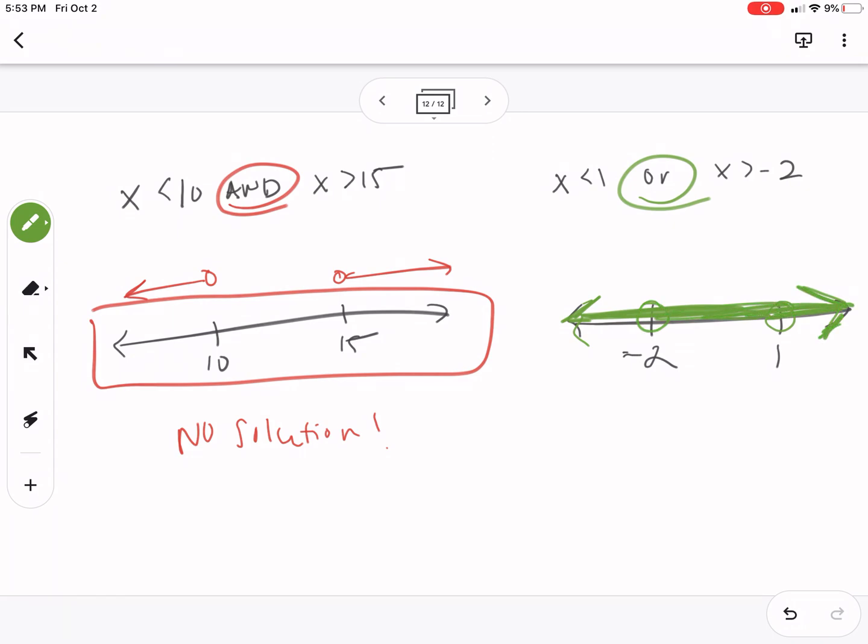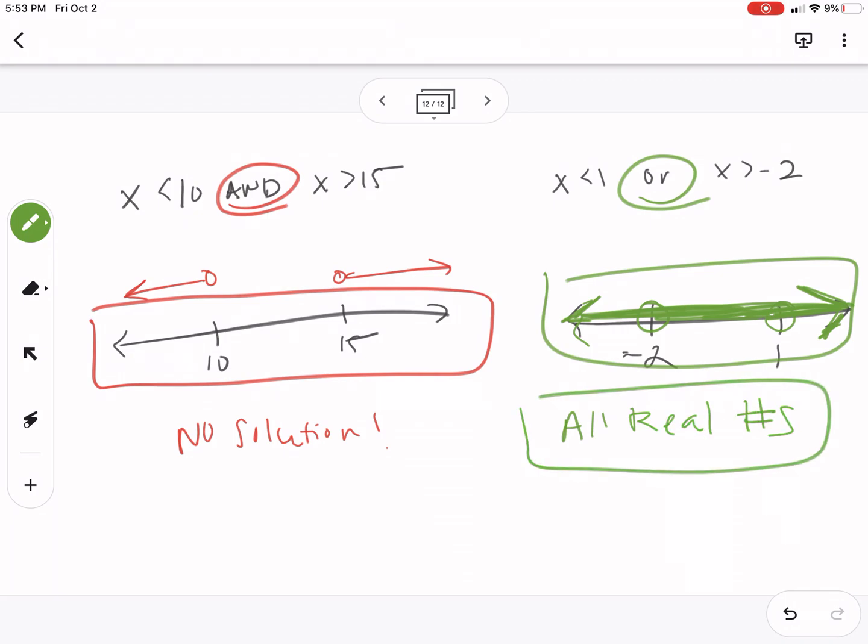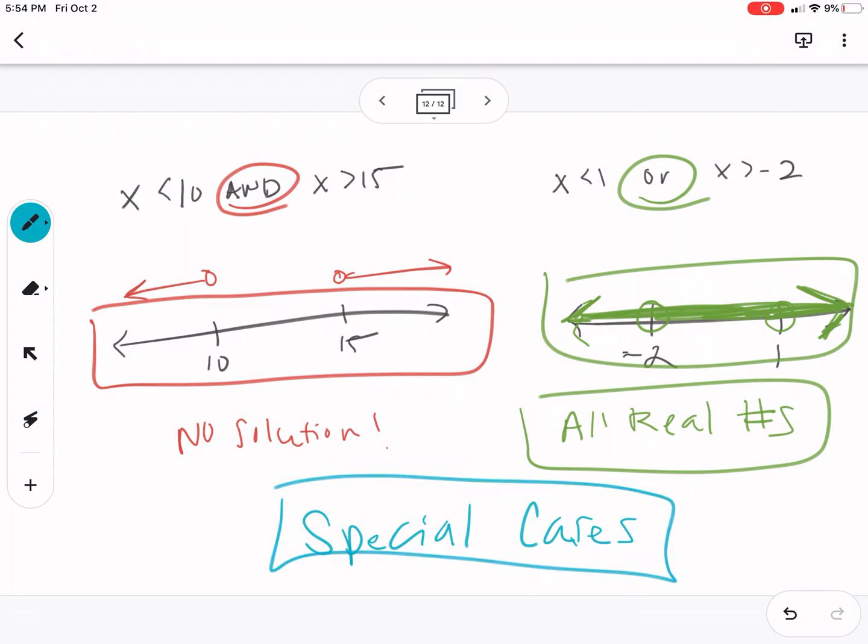So this one, everything ended up shaded. Remember, if your whole line ends up shaded, then your answer is actually all real numbers. So these are the special cases. Remember to always graph, because if you don't graph, you might not notice that a special case came out.